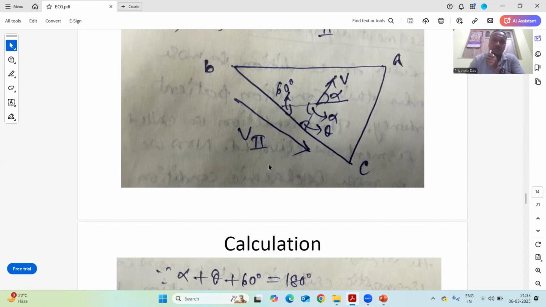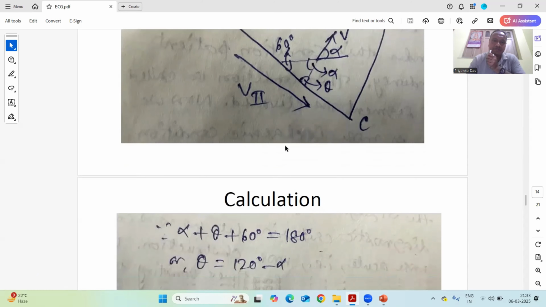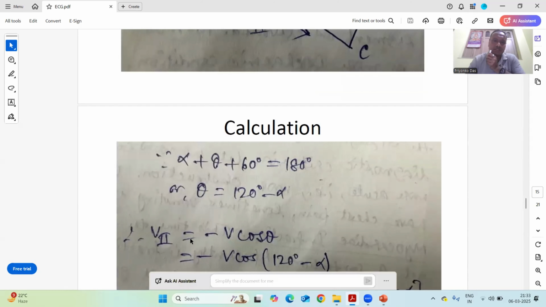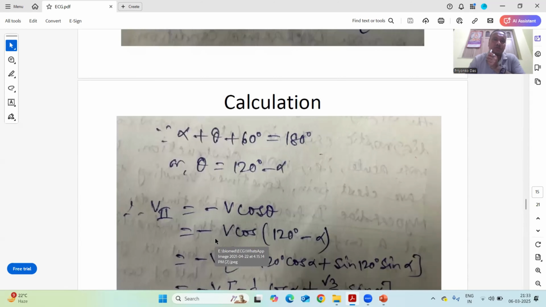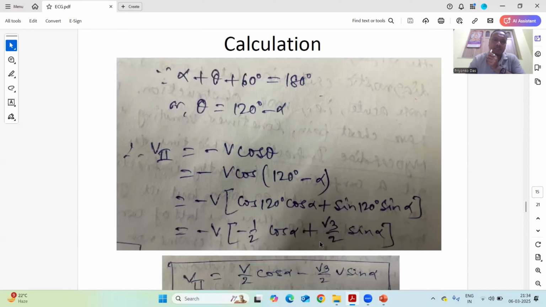So obviously this will be some minus. Okay, so this is getting some minus polarity. So now, as in the previous calculation, I got the value of theta is equal to 120 degree minus alpha. So now I'll replace the value of theta with 120 degree minus alpha, such that I get minus of V cos of 120 degree minus alpha. No confusion.